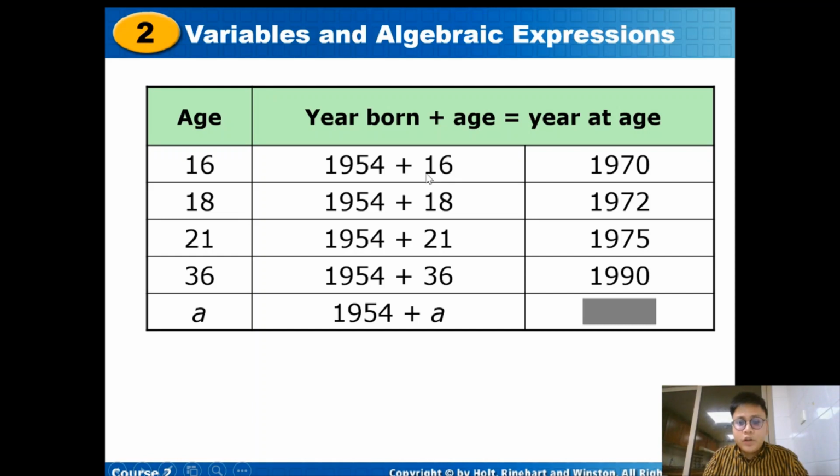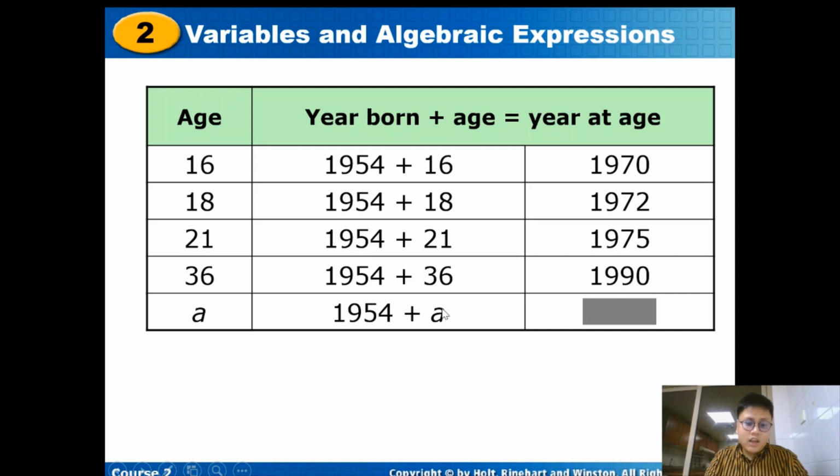If he will be 16, it will be 1970. 18, it will be 1972. 21, it will be 1975. And if he will be turning 36, it will be 1990. Just add the year he was born plus his age, and you will get the year at age.